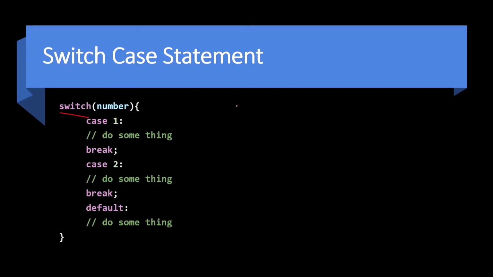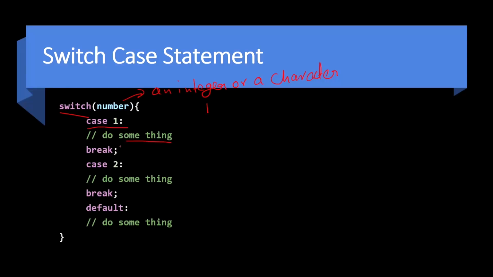Here, first we provide an integer or a character, and according to that number, for example if I provide one, then this case is true and it will run this statement or piece of code.